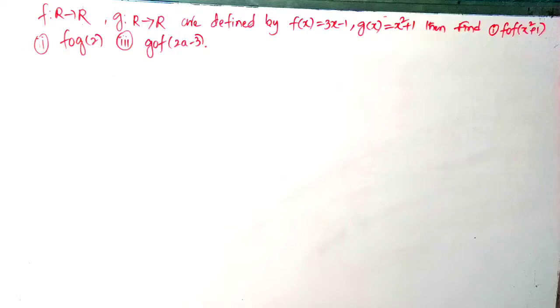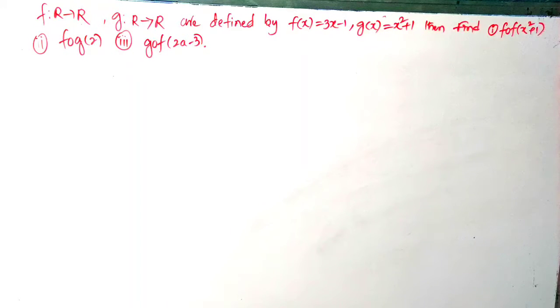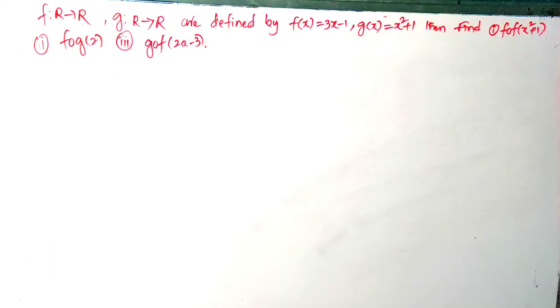Okay. Next question. If f: R to R, g: R to R are defined by f of x equals 3x minus 1, g of x equals x square plus 1, then find first one is f circle f of x square plus 1. Second one is f circle g of 2.